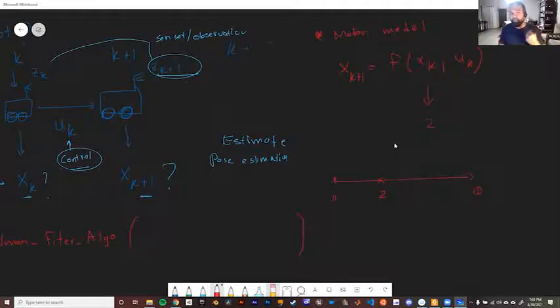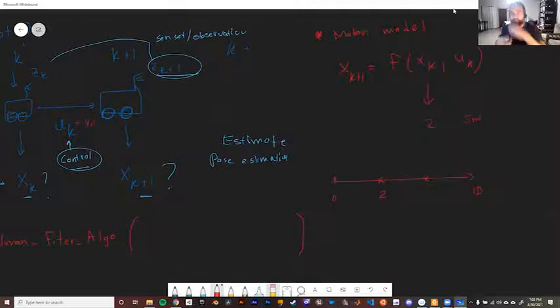For example, uk is typically the velocity of the robot. So let's say the velocity of the robot is 5 meters per second. You would input this 5 meters per second and you would get what xk plus 1 is going to be.